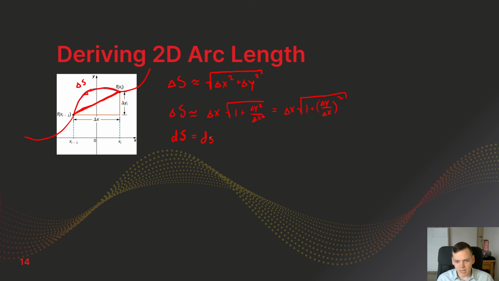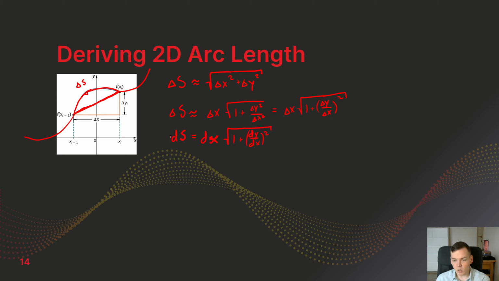This is just that kind of weirdness of dealing with infinitely small values. We can now say they are equal. And that means all of these become differentials instead of deltas. And suddenly this starts to look a lot more interesting.